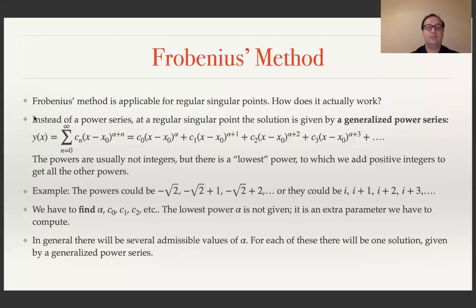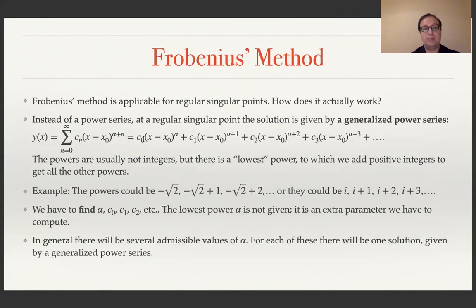So now that we know what a regular singular point is, how does one solve the equation at a regular singular point? Instead of using a power series, one has to use a generalized power series. This means instead of starting with x minus x0 to the power 0, x minus x0 to the power 1, x minus x0 squared, x minus x0 cubed, we start with some other power.